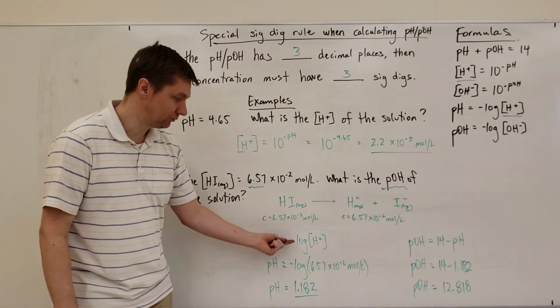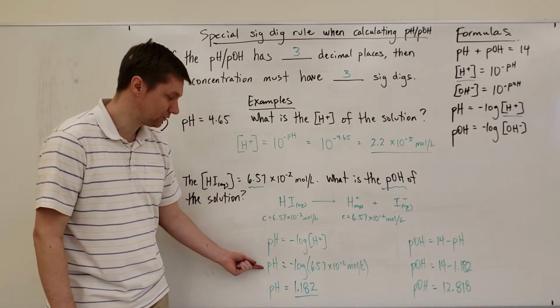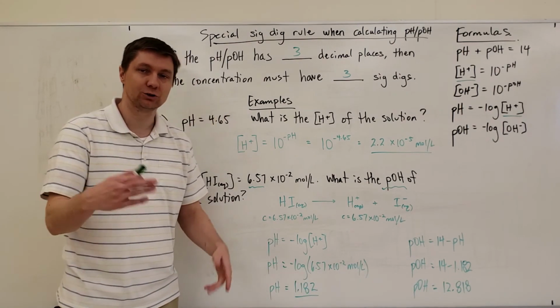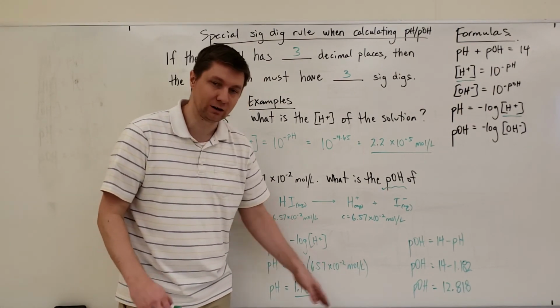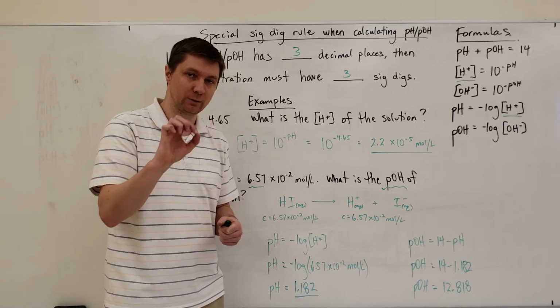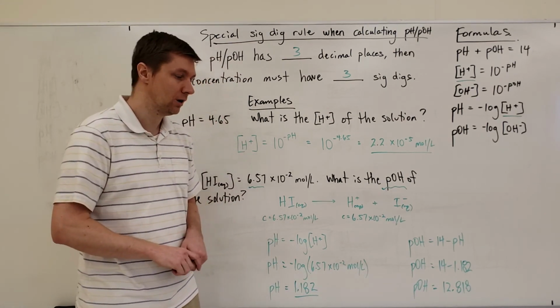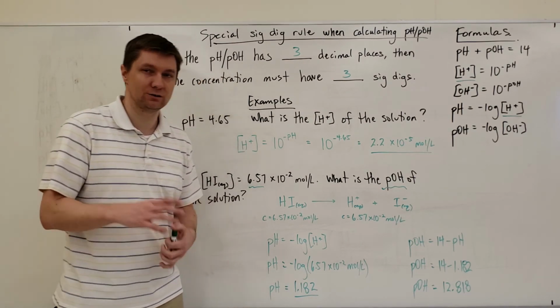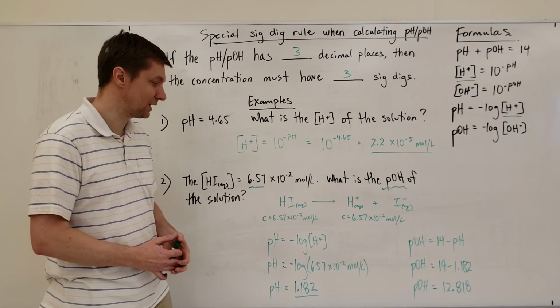My pH is equal to the negative log of the H+ ion concentration. I plug those numbers in, negative log of this number. Make sure that when you're doing these numbers in your calculator that again you're using the EE button on your calculator so that you're properly calculating scientific notation without causing yourself any grief and getting wrong answers that way.